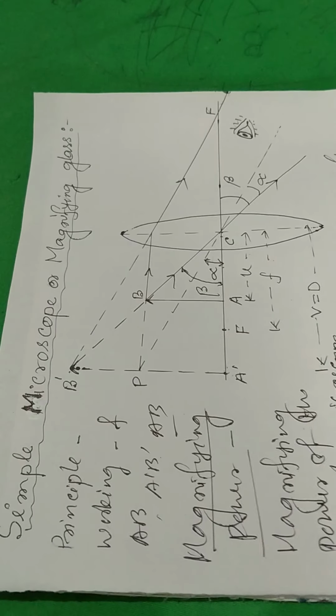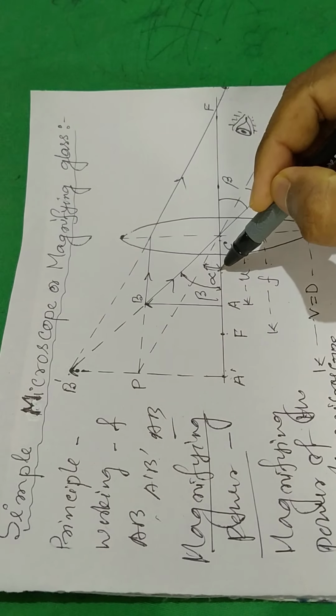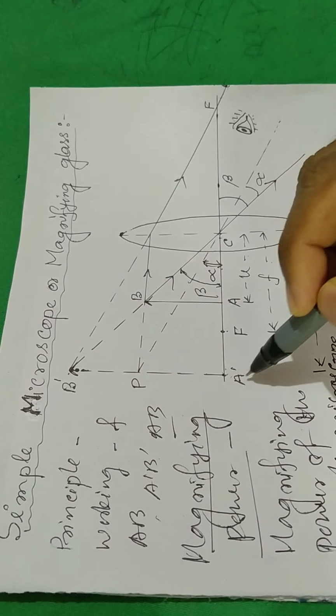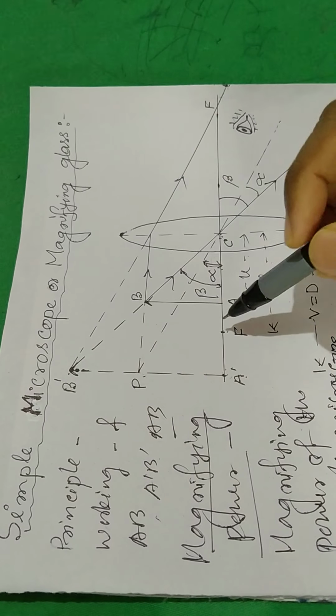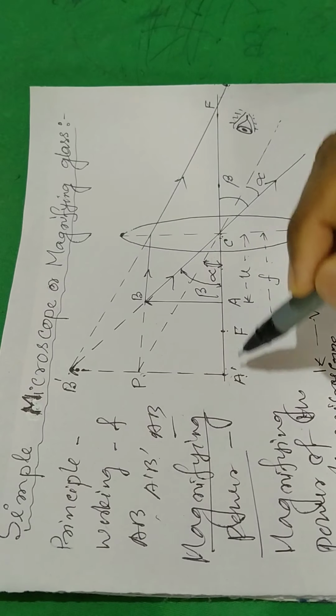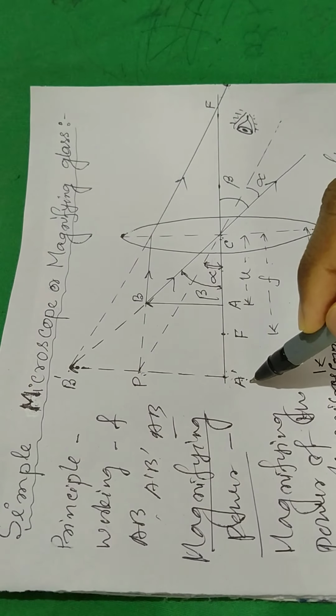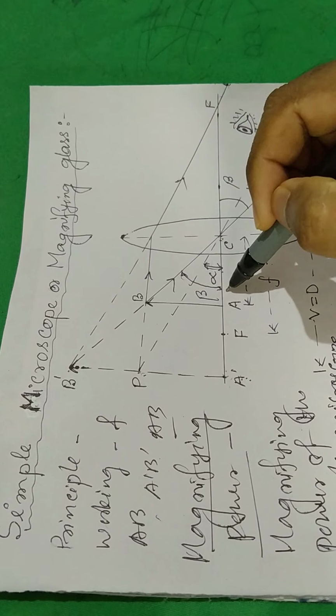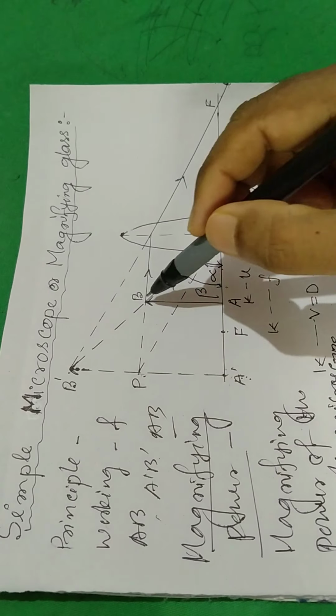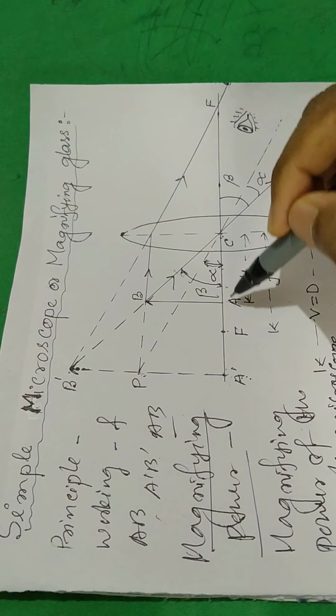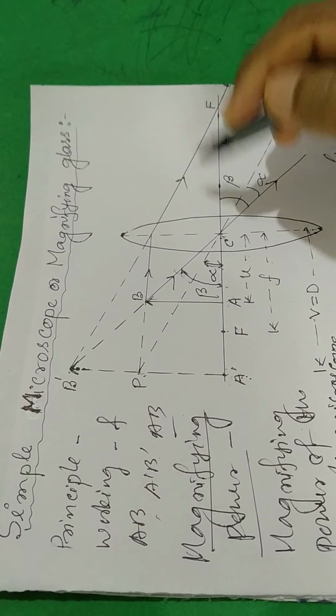Now you see the diagram with respect to alpha. A dash P C is a right angle triangle. So perpendicular is A dash P and base is C A dash. And for tan beta, perpendicular is AB and base is CA, so AB by CA.